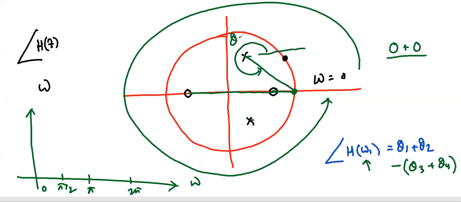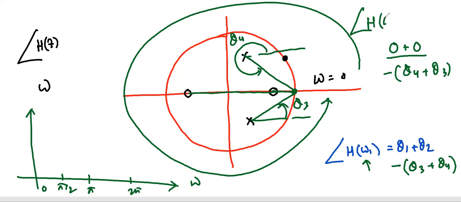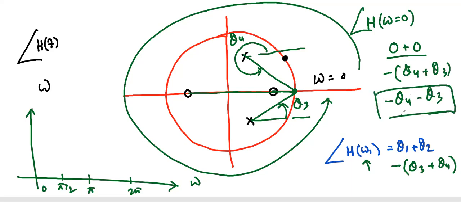Let's say this is theta 4, and this is theta 3, or vice versa. Minus theta 4 plus theta 3. So this is the angle for omega equals 0, or 0 radian. At that moment, this will give you the theta value as minus theta 4 minus theta 3, and that is the result for the location at 0.